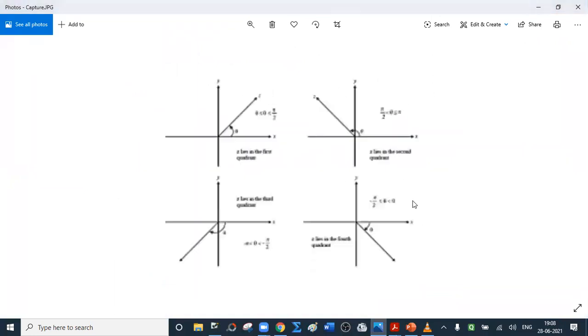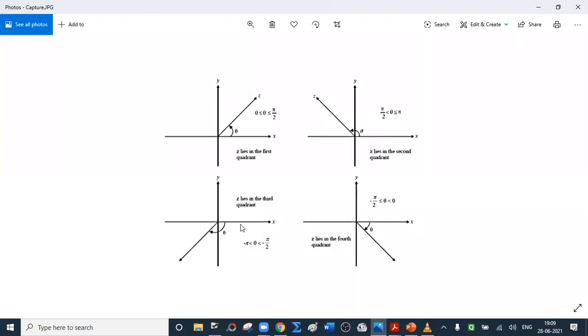See the diagram. Just a minute. Now, the complex number lies in the first quadrant. I hope you can see the diagram. So if z lies in the first quadrant, clearly theta lies between 0 and 90 degrees. Here you will notice that theta is in the second quadrant. So theta is greater than 90 degrees but less than or equal to 180 degrees.